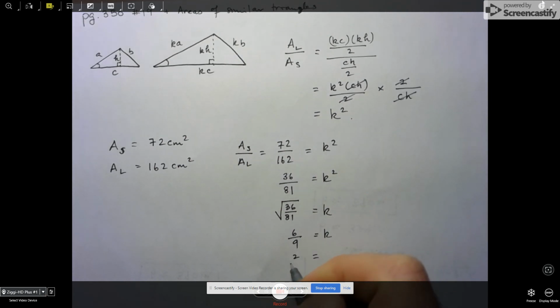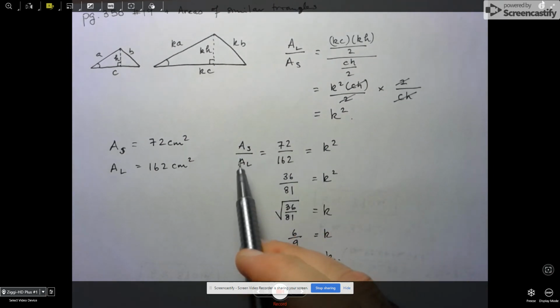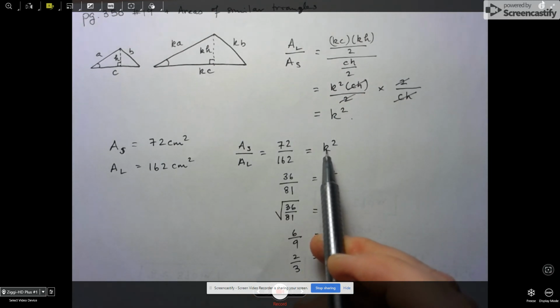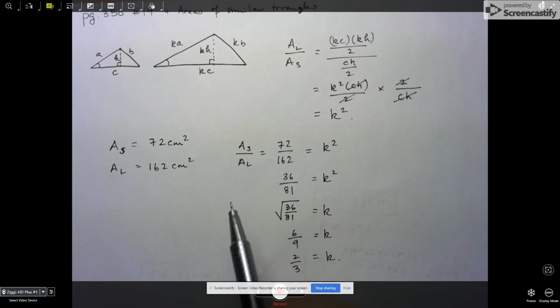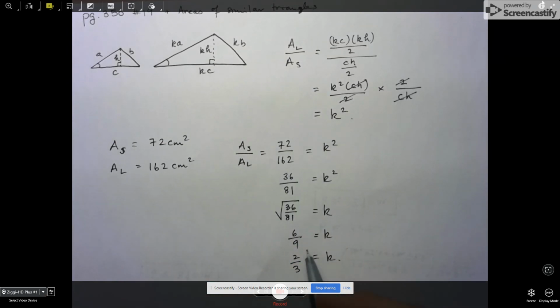We can simplify this to 2 over 3. So if the ratio of the areas, which we know is equal to the square of the factor of the side lengths, is 72 over 162, that means the ratio of the side lengths is going to be 2 over 3. Okay, that's it for this one.